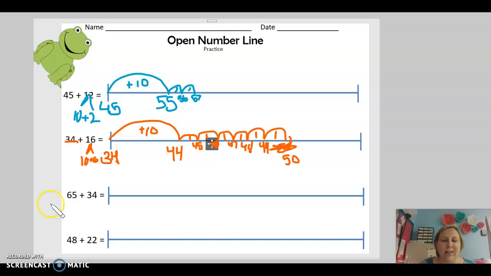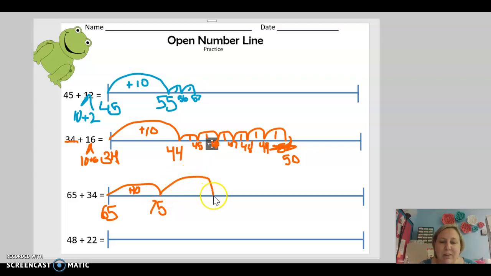Let's do another one. 65 plus 34. All right, I'm going to start with 65. And to hop 30, I break that 30 into 3 groups of 10. So I'm going to hop 10. What's 65 plus 10? 65 plus 10 equals, there we go, 75.